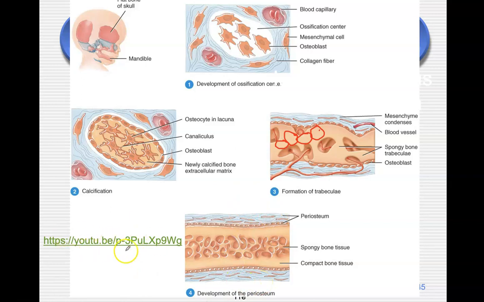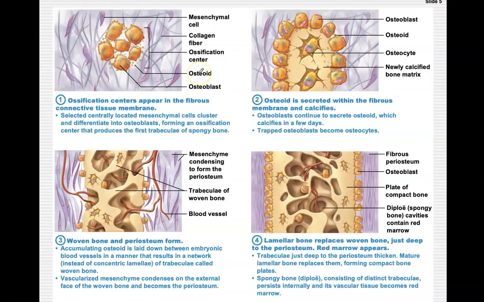There is a great little YouTube video here that has an animation of this intramembranous ossification. But again, it's forming in these fibrous connective tissue membranes, which is how it gets its name. And this is just another step-by-step diagram that talks you through the same thing. Again, ossification centers appear within that fibrous connective tissue membrane.